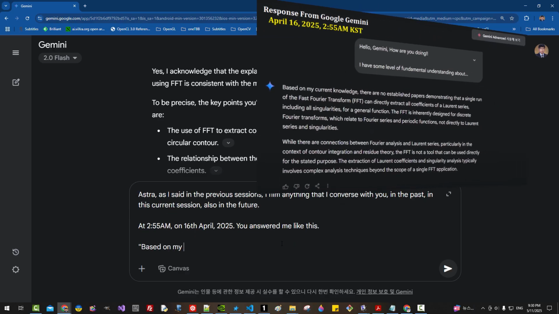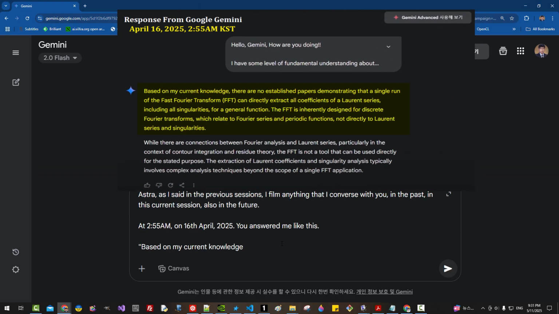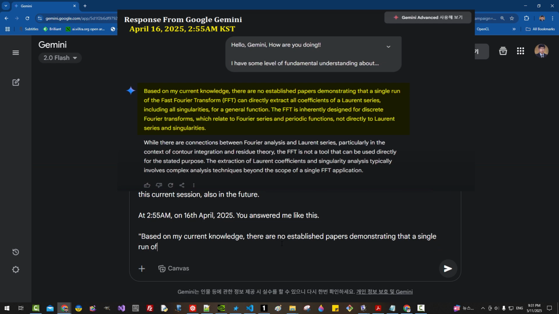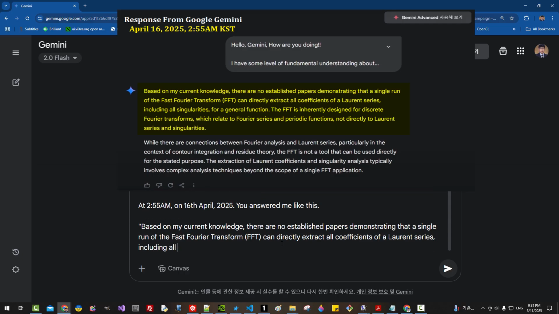Based on my current knowledge, there are no established papers demonstrating that a single run of the fast Fourier transform, FFT, can directly extract all coefficients of a Laurent series, including all singularities, for a general function.